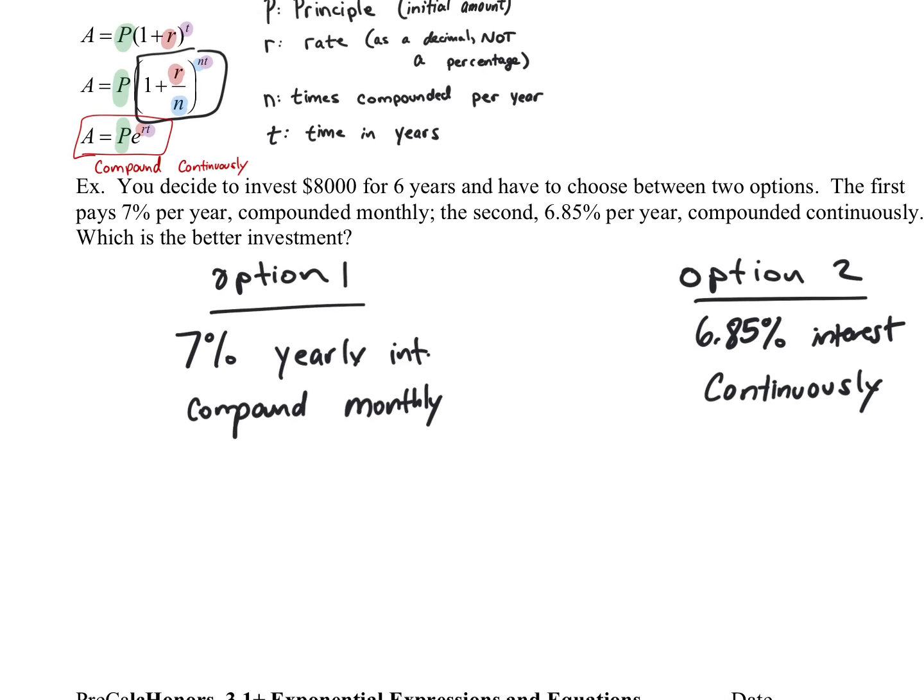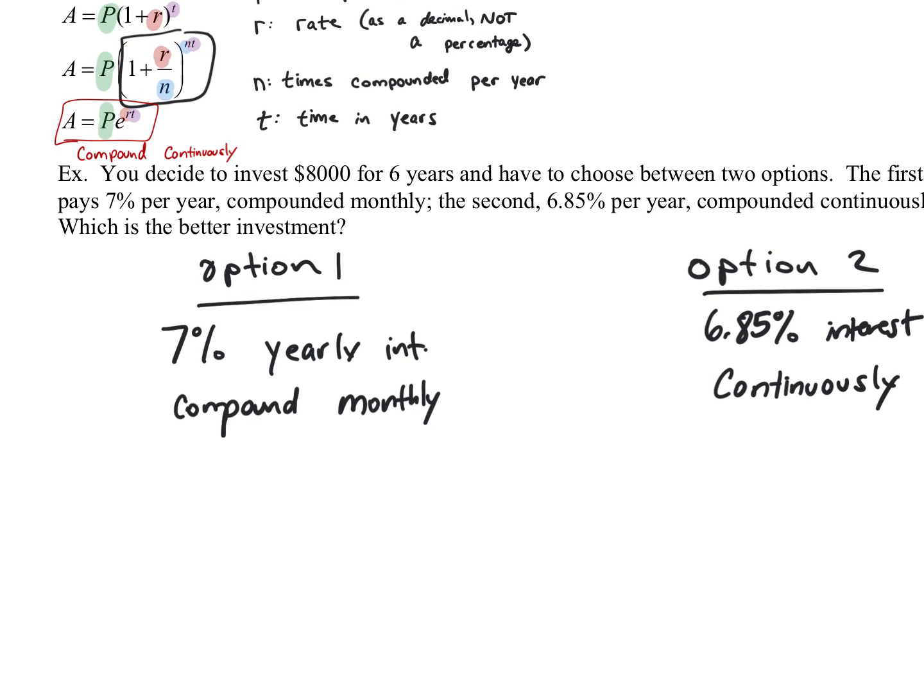So let's just kind of walk through the setup on these two and kind of compare them. On our first, our current amount after this 6-year span, well, we're going to take our $8,000, and then we're going to multiply it times 1 plus our rate, which we know to be 0.07.